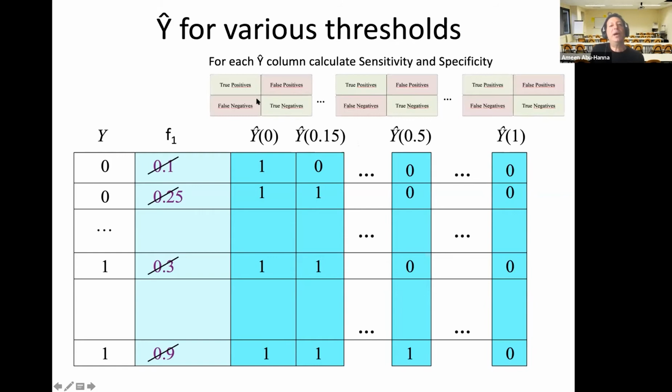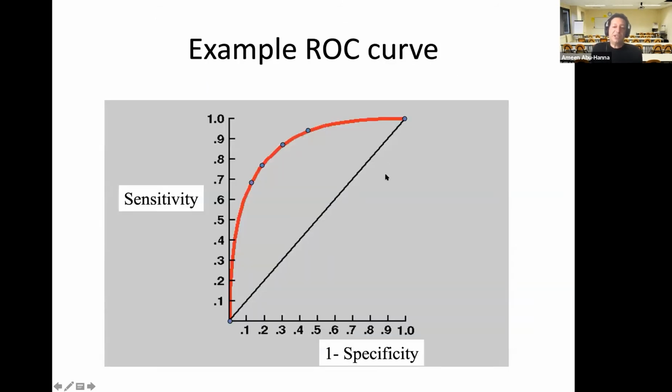Okay, so if we take every column and calculate this 2 by 2 confusion matrix table and calculate sensitivity and specificity, I will get as many sensitivities and specificities as I have columns, as my thresholds. And then I can just plot them. So this is the ROC curve, and each point on it corresponds to one threshold with 2 numbers, the sensitivity and 1 minus specificity.